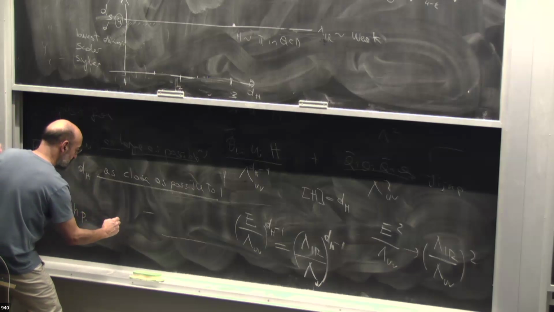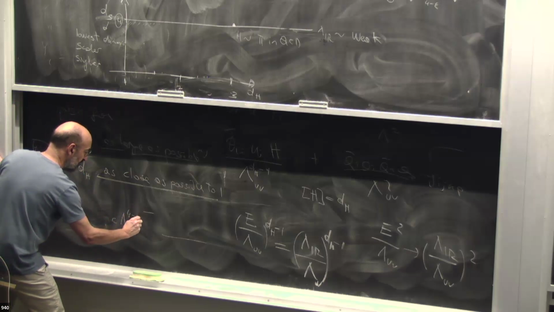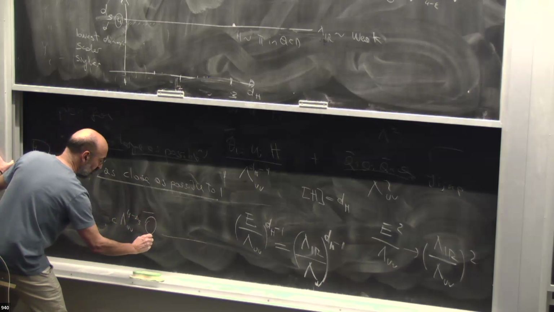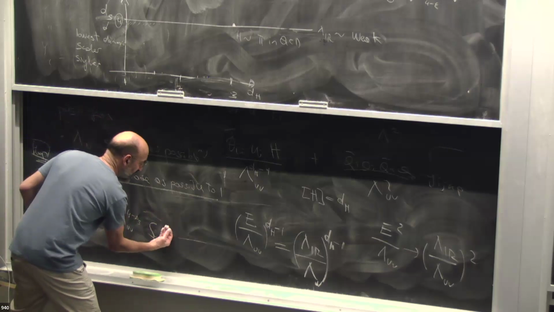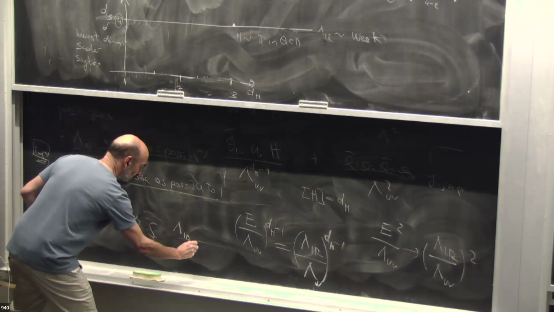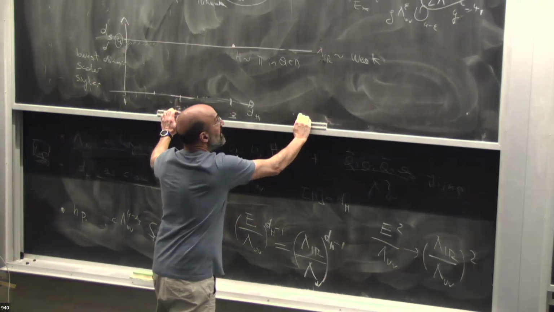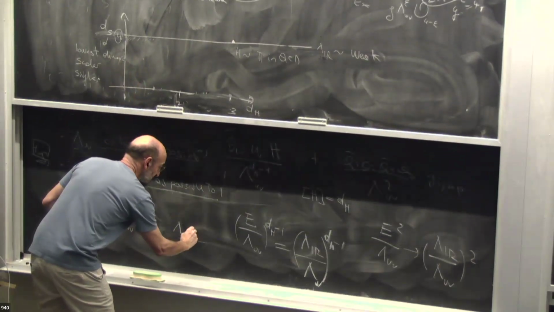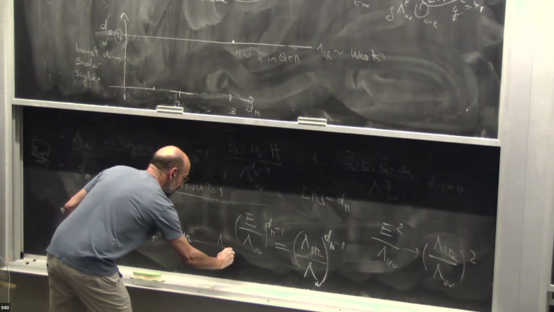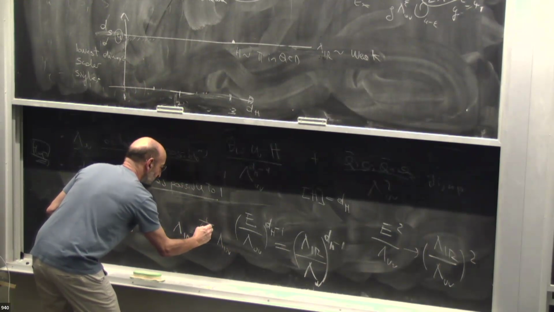Then let's say you have a coupling C times lambda UV to the 4 minus dimension of S, times the operator S, the singlet. And you know that the infrared scale lambda IR, we already derived it several times, is the UV scale times this coefficient C to the 1 over 4 minus delta S.